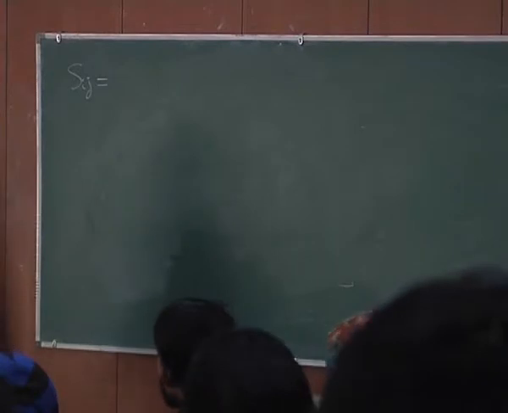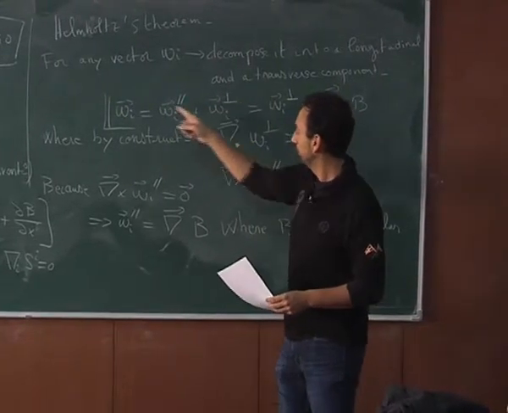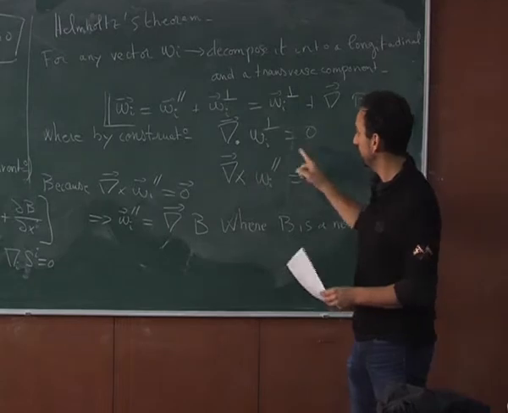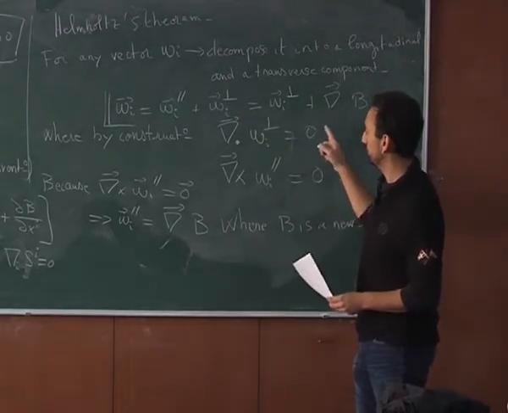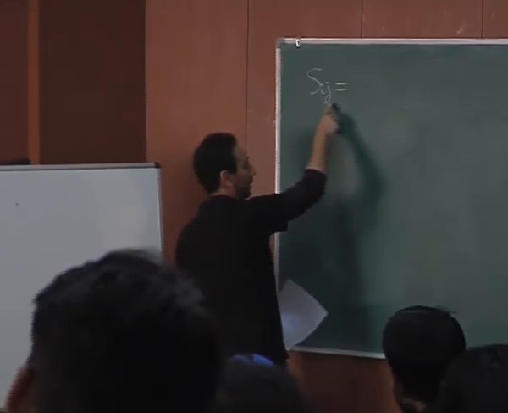So for the Sij, I do exactly the same Helmholtz decomposition. Like for a vector, I decompose it into a parallel and an orthogonal part. The parallel one has this property, and the orthogonal part has this property. I do the same thing, but for each of the two indices. So the i can be parallel, the j can be parallel.